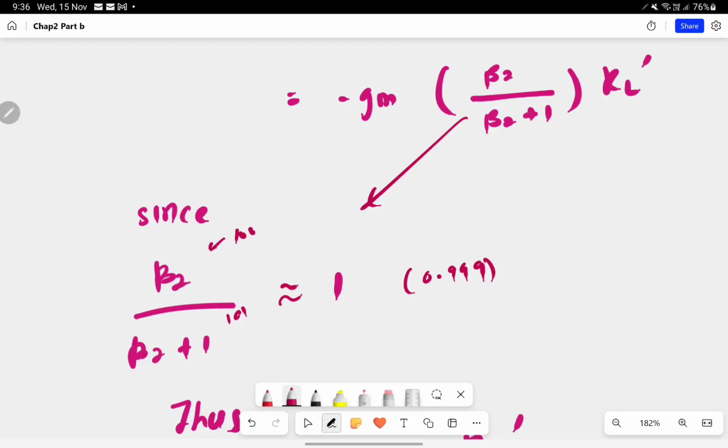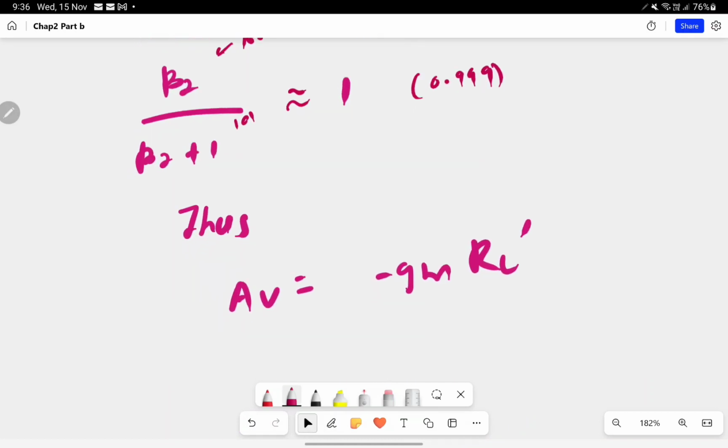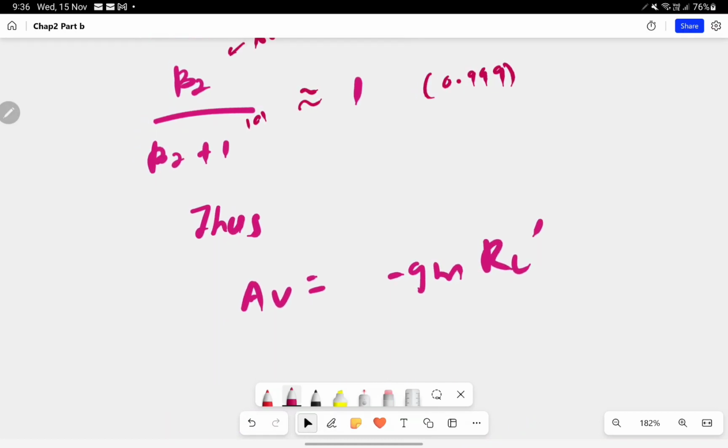We can say that this value is equal to 1. So if we replace this value with 1, for the final gain we can conclude that Av equals minus gm RL prime. Simple like this, our last equation to find our gain. That's why this type of configuration does not produce a very large voltage gain.